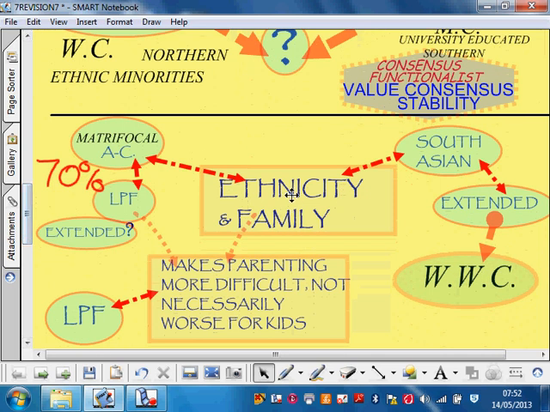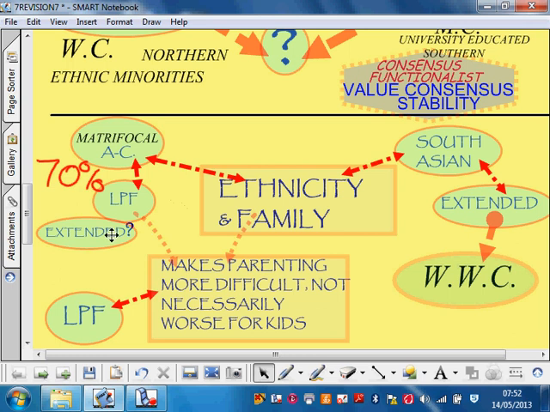Okay, ethnicity and family. How do different ethnic groups structure their families? So we have, for example, in the Afro-Caribbean community, lots and lots of what's called matrifocal families. Lone parent families, mum's in charge. Matrifocal, mother. 70% of Afro-Caribbean people live in a matrifocal lone parent family.